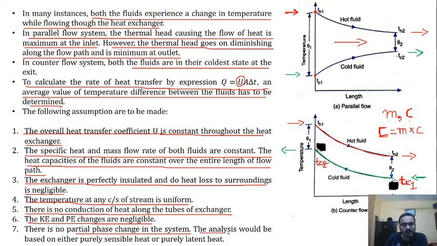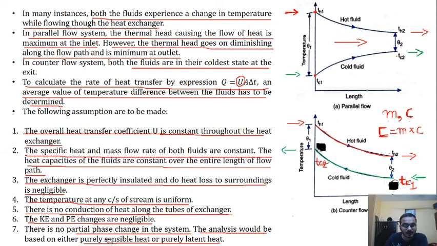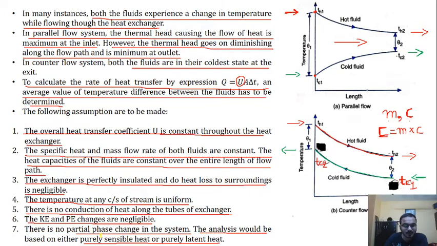Now the analysis would be based on either purely sensible heat or purely latent heat. So why are we focusing on this part? Here it is written that it will be purely sensible heat or purely latent heat.